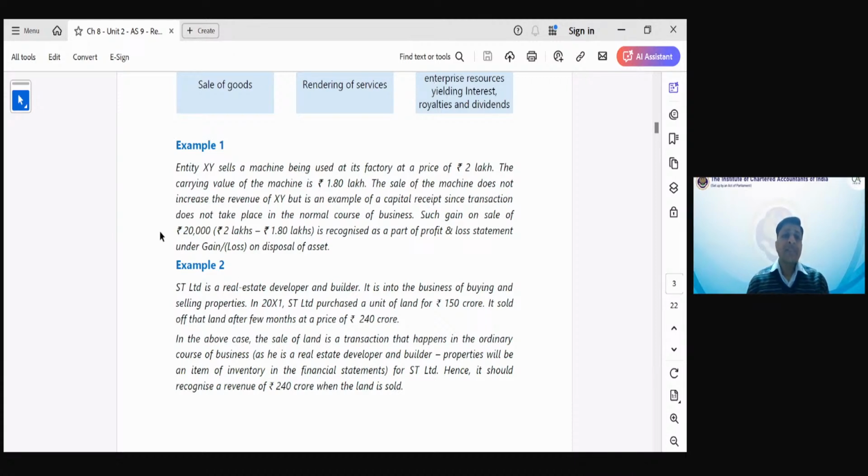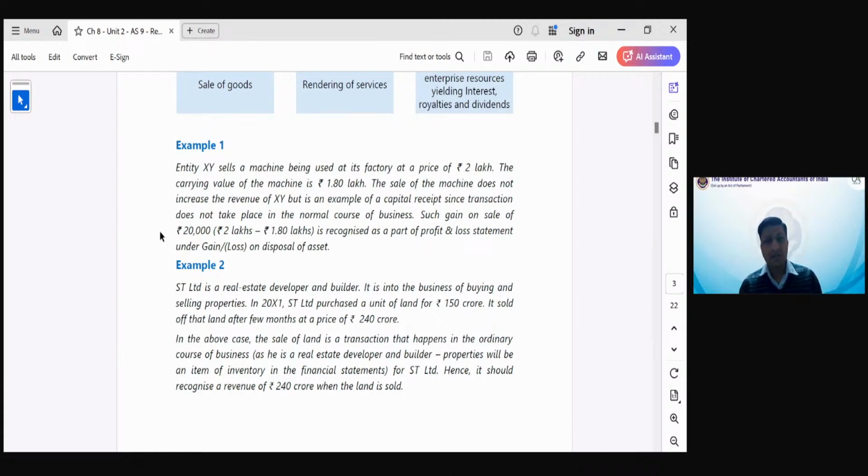Next example. ST Limited is a real estate developer and a builder. It is into the business of buying and selling properties. In 2000X1, ST Limited purchased a unit of land for rupees 150 crore. It sold off that land after a few months at a price of rupees 240 crore.